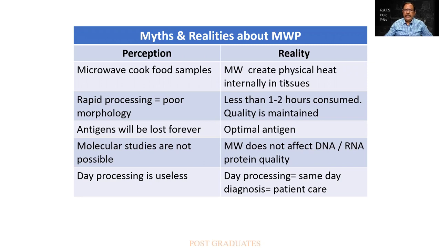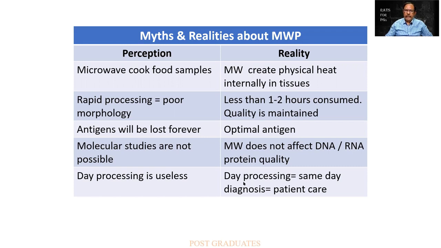Whereas in reality, the heat is from within and it is dissipated to the tissues. Therefore, the entire morphology is well maintained. It consumes less than 1 to 2 hours of time. Some amount of antigens will be lost, but then important antigens, optimal antigens, can be retrieved. Microwave does not affect DNA or RNA protein quality.